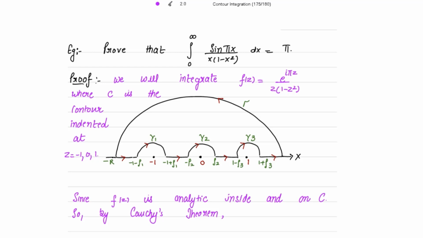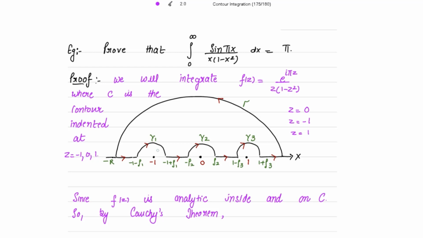Here if you put the denominator equal to 0, you get poles at z equal to 0, z equal to -1, z equal to +1. So the contour will be indented at 3 points, 0, -1 and +1, right? If you look at this figure, I'm having here -1, here it is 0, here it is 1.